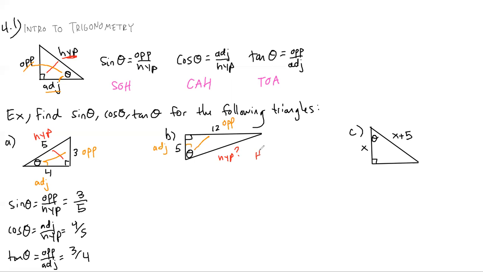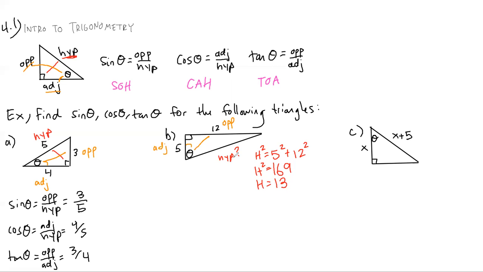So h squared is going to be 5 squared plus 12 squared. The square of the hypotenuse is the sum of the squares of the other two sides. If we add those together, 25 plus 144 is 169. And so I should get that h is 13.